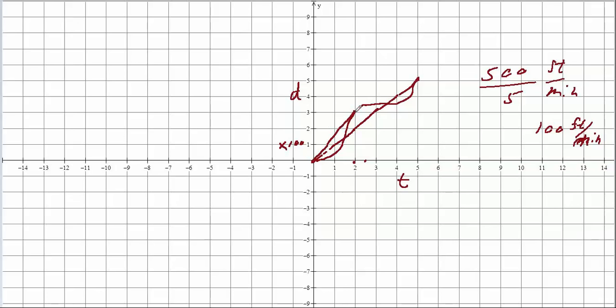Now, what's up with this line? Well, this line is 300 feet this way and 2 minutes that way. So this new slope is 300 over 2, or 150 feet per minute.